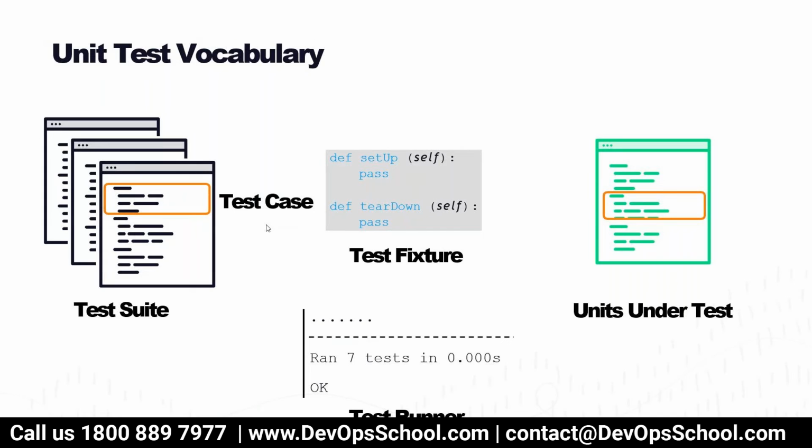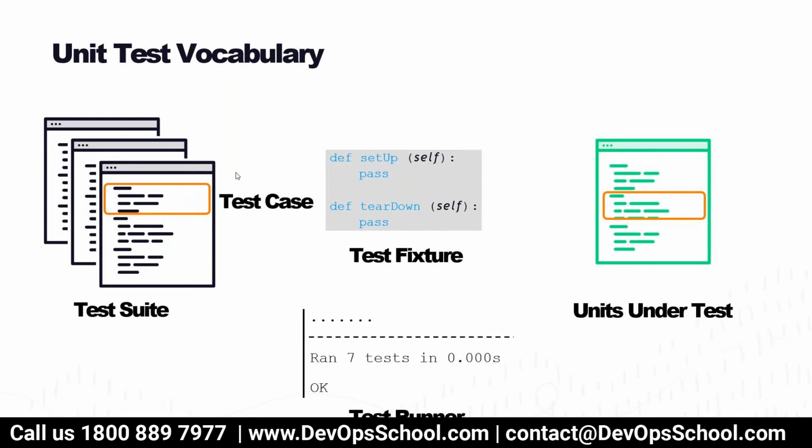Okay, test suite. Now the test cases, you have a pass or fail, whatever that's called a fixture. Okay, and then you run those test cases, that we call the test runner, and each of these tests we call a unit under test.